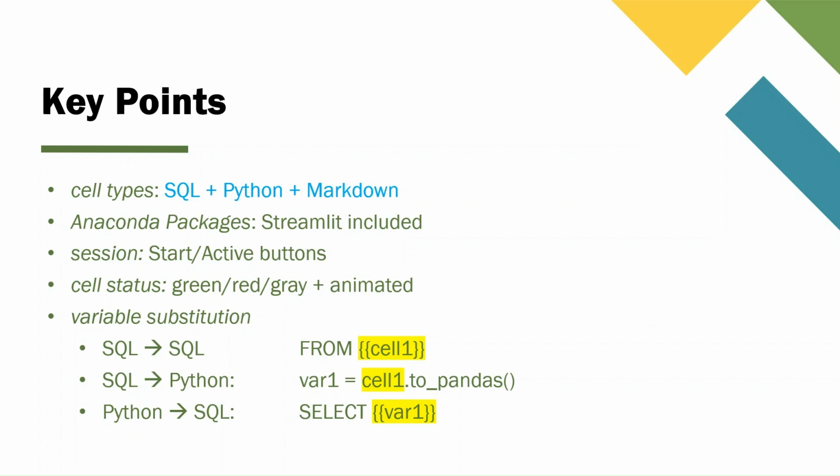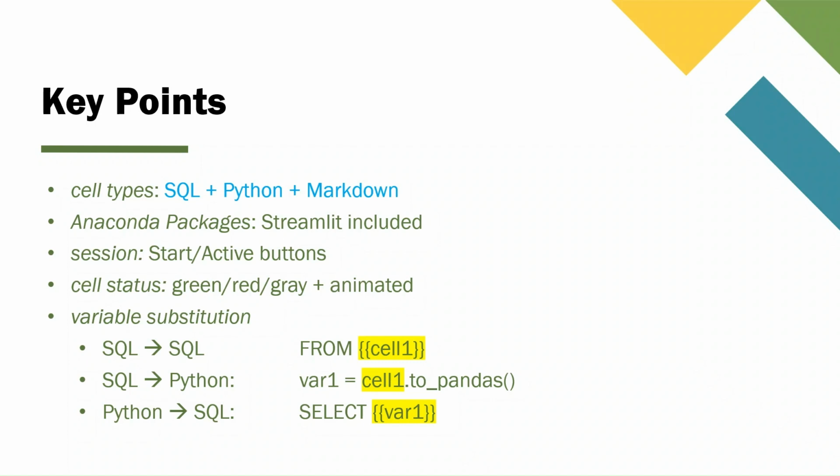About the variable substitution, we've seen in the last use case, remember, SQL to SQL from cell. Cell 1 is the result of the previous SQL execution. You get a data frame basically. SQL to Python. It's clearer here that cell 1 is a data frame.